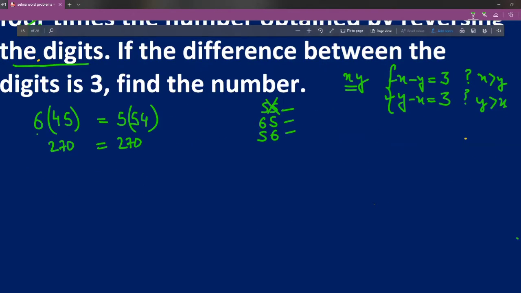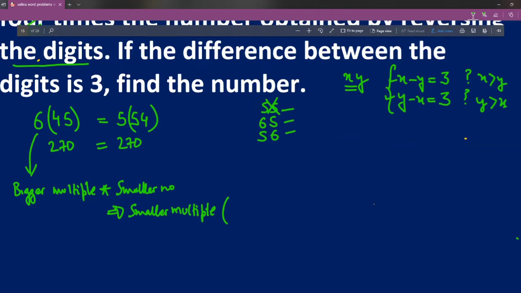I am trying to tell a simple fact that a bigger multiple multiplied by a smaller number is equal to a smaller multiple multiplied by a bigger number.